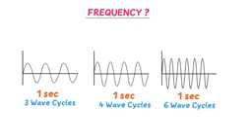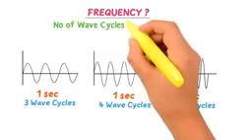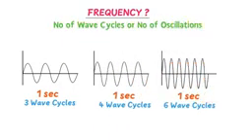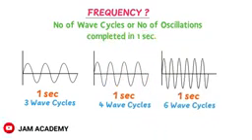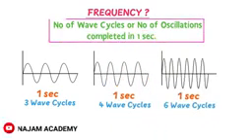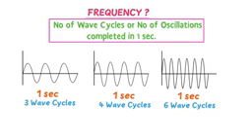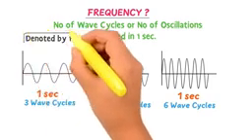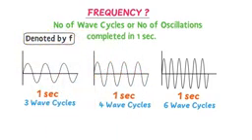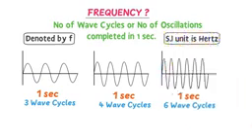We define frequency as the number of wave cycles or number of oscillations completed in 1 second. Let me repeat it. Number of wave cycles or number of oscillations completed in 1 second. Frequency is denoted by small f. The SI unit of frequency is Hertz.